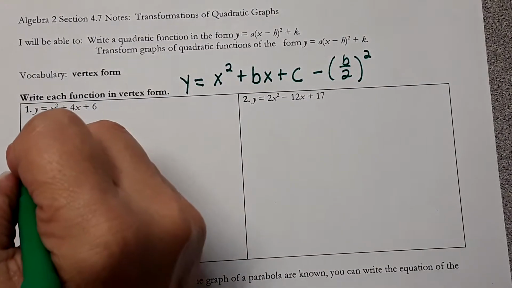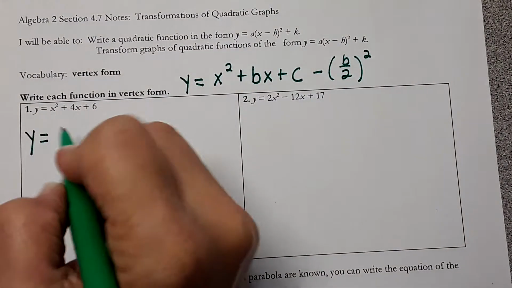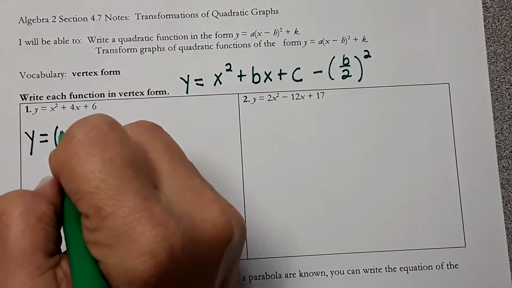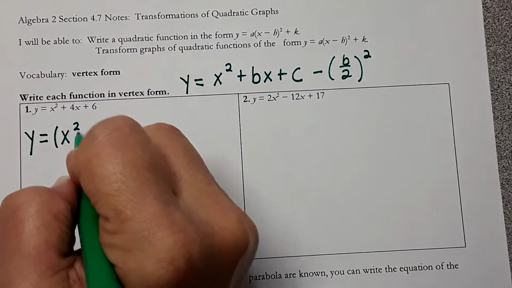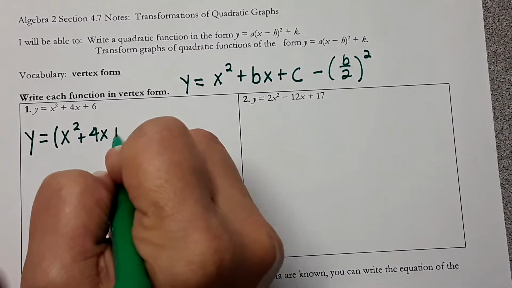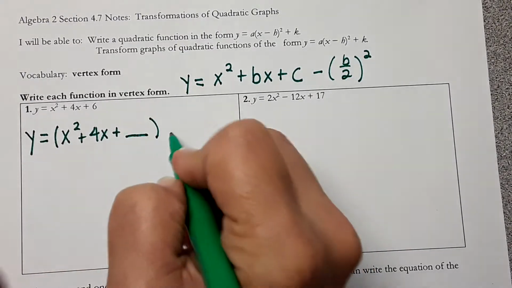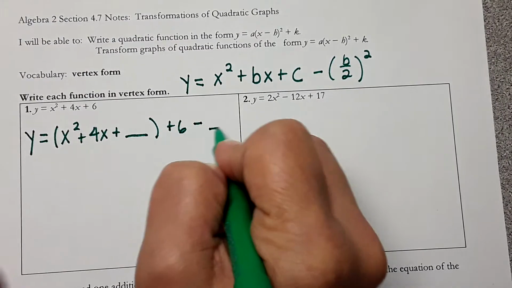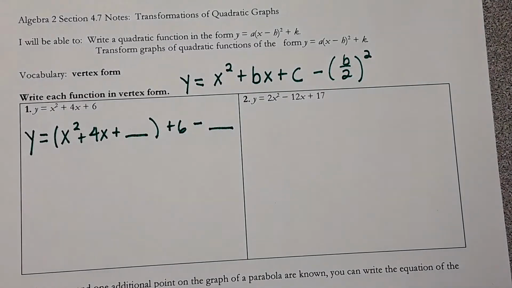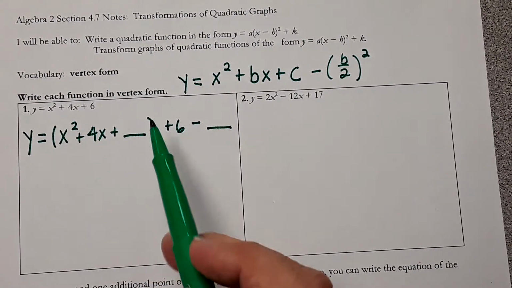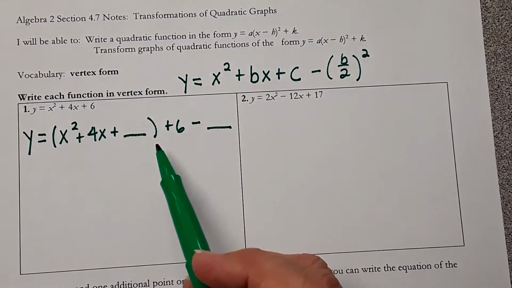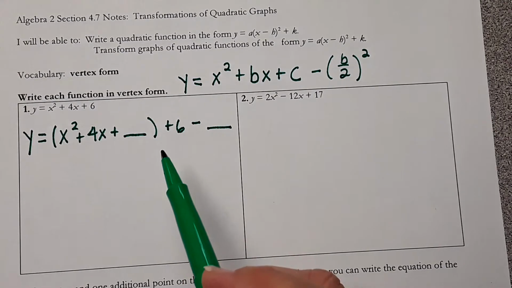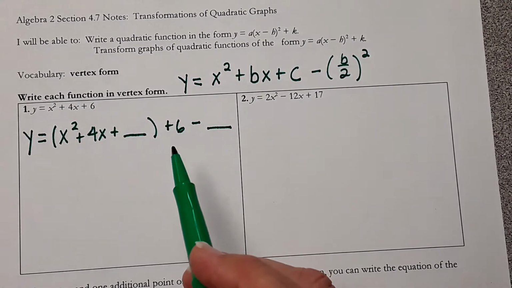So we're going to rewrite this as y equals, and we're going to put parentheses around x squared plus 4x plus blank, plus 6 minus blank. Notice what I did: I put parentheses around the a and the b, just like I would usually do in completing the square, and I moved c to the side.